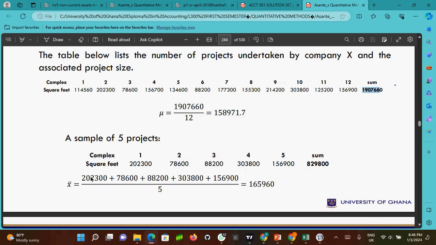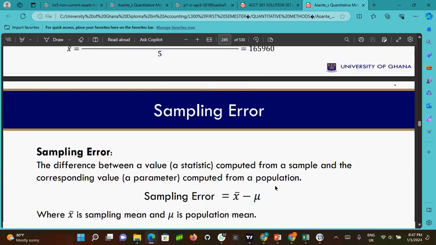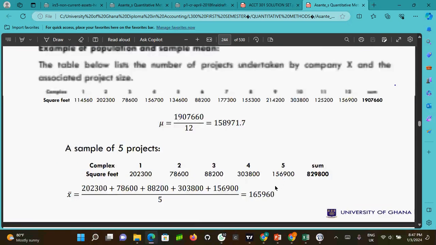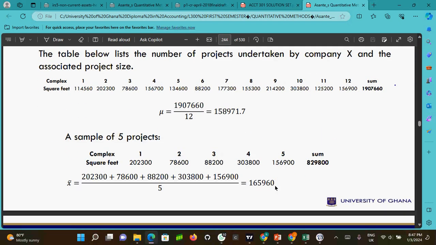So when they selected the 5 samples, they added them and divided by 5, and then they had this. So this is where the sampling error comes in. Before we came here, I made mention that sampling error is the sample mean minus the population mean.